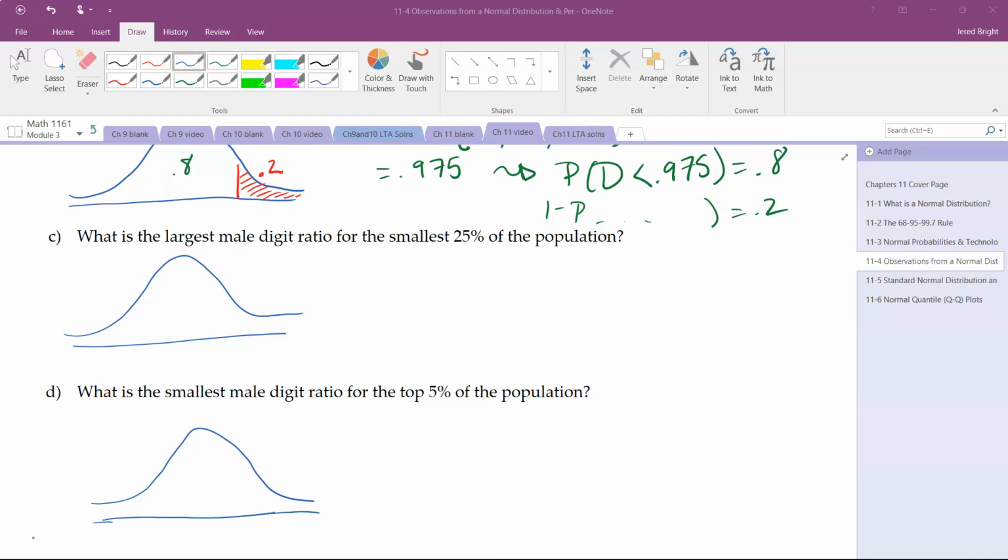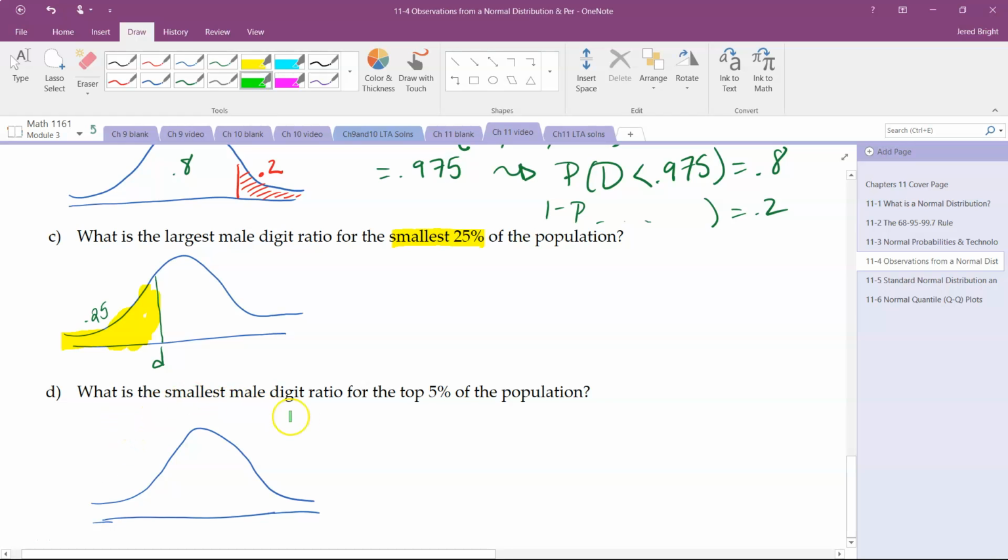So for the first one, we want to find the largest value of the smallest 25%. Well, the smallest 25% is going to be down here. It's kind of like there. So in this range, if this is 25%, we're looking for this value of d.